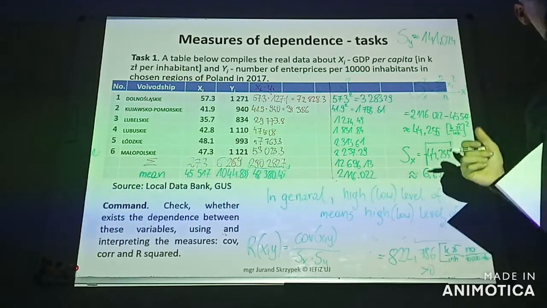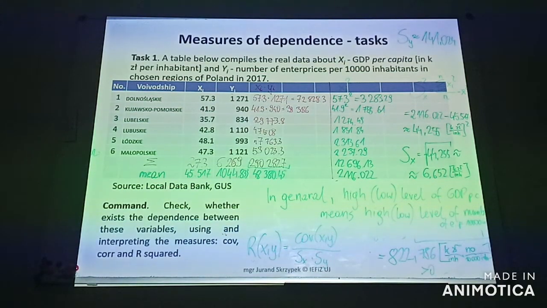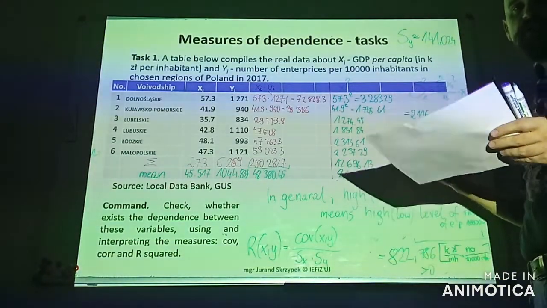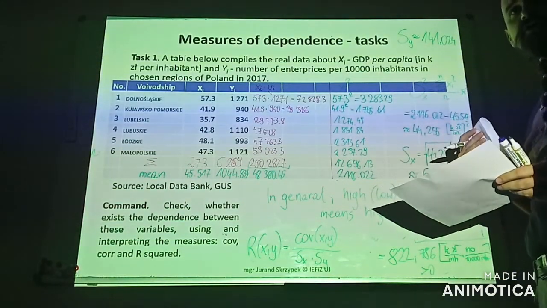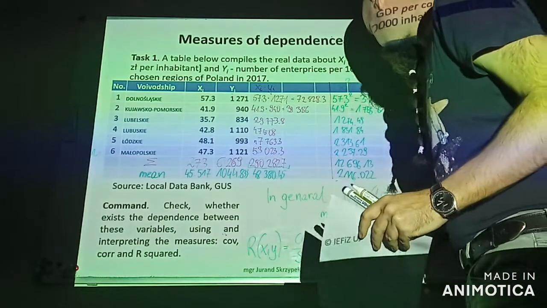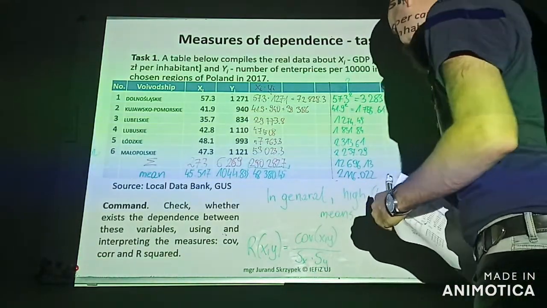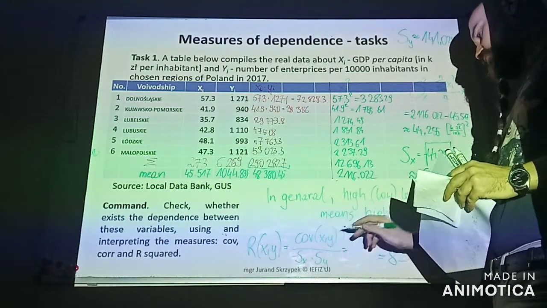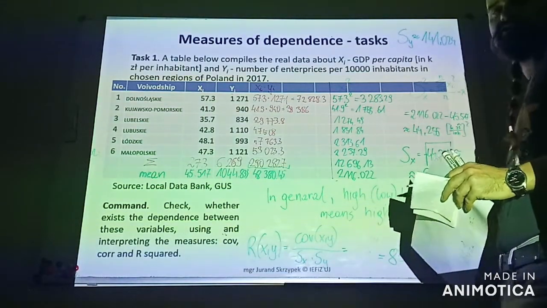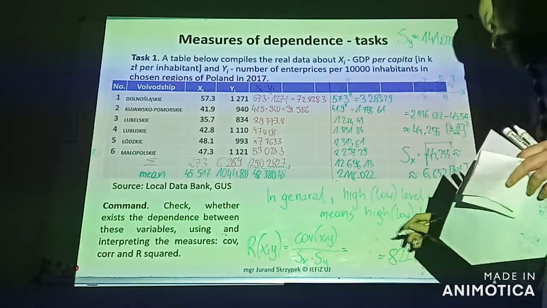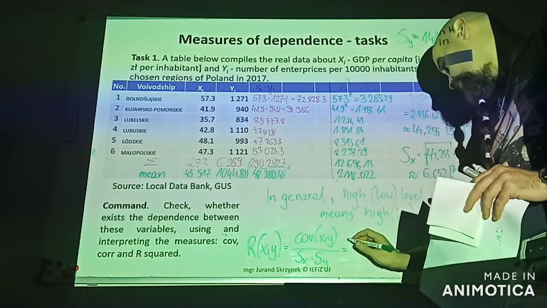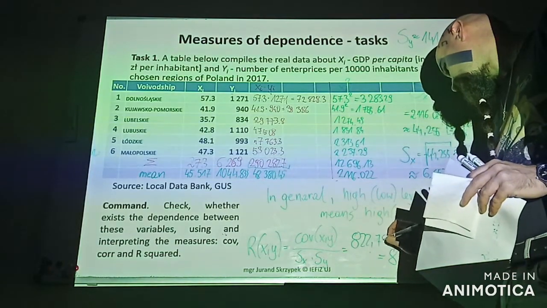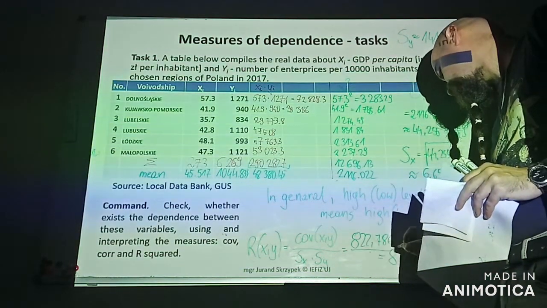Okay. And finally, we are able to compute the famous coefficient of correlation. It's a ratio between the covariance and the product of standard deviations. In the numerator, we have 822.786.